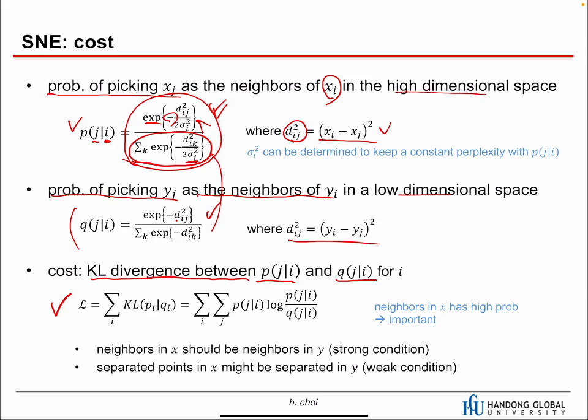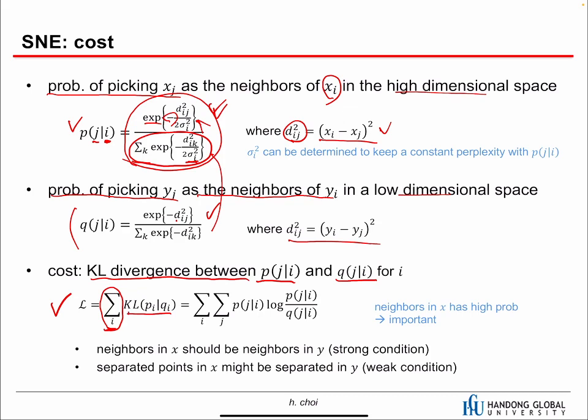Actually, in this loss, we consider all the samples. Okay, so we have a summation here to consider all the samples, and we actually check the KL divergence of all the samples here. Which means all the samples should have the same kind of neighbor distributions in the high dimension space and in the low dimension space.